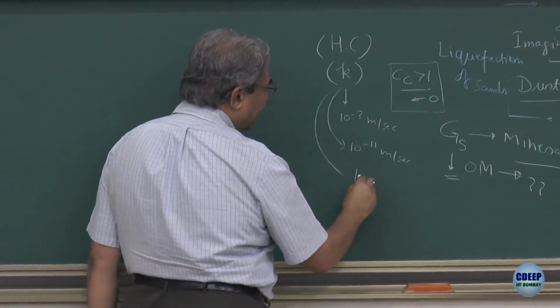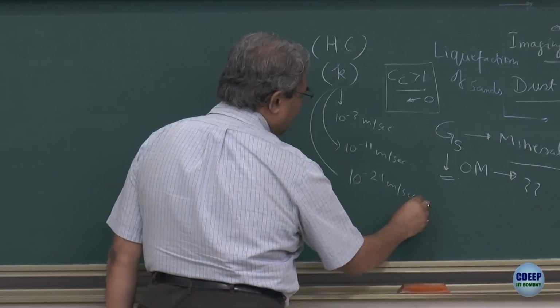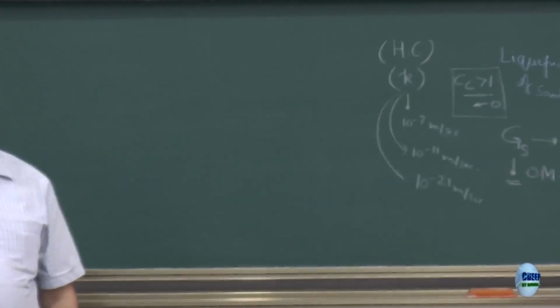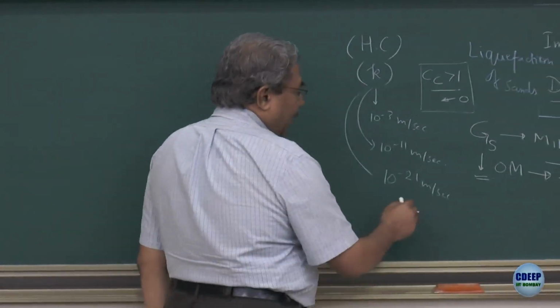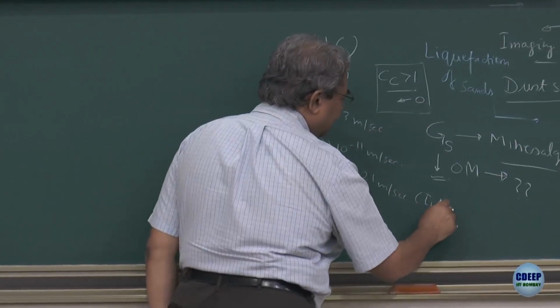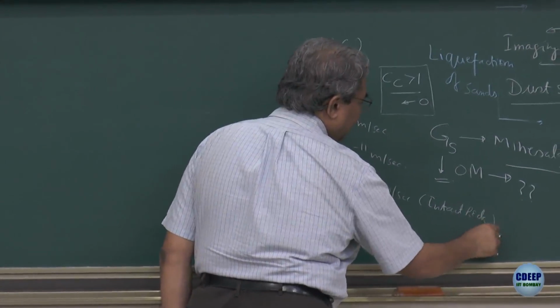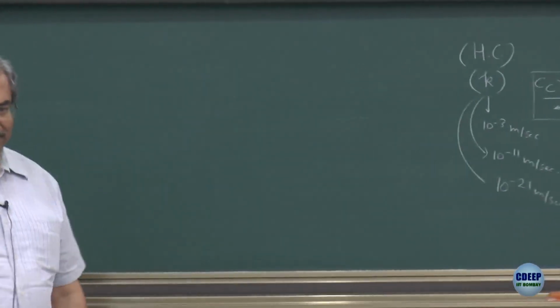If I say permeability is 10 to the power minus 21 meter per second, what type of material is this? Rocks. Very small permeability. Intact rocks. So I hope you are realizing these English terms change the context.